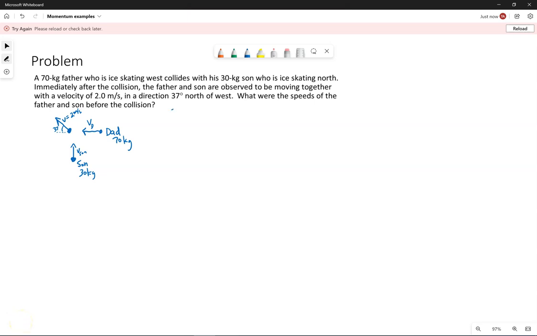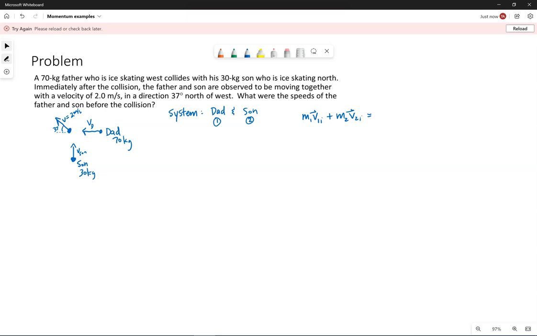So when we use conservation of momentum, we need to define our system. So our system needs to involve everyone that is in the collision, so all two of them, dad and son. If we call dad object 1 and son object 2, we can say that M1 V1 initial plus M2 V2 initial has to equal, well, dad is picking up son.